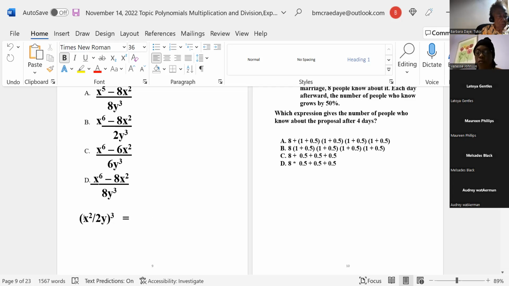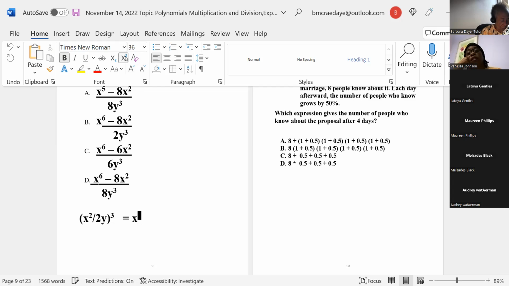Okay. Latoya, what is x to the second over 2y, the whole expression raised to the 3rd power, equal to? What's that equal to? It's x to the 6th power.